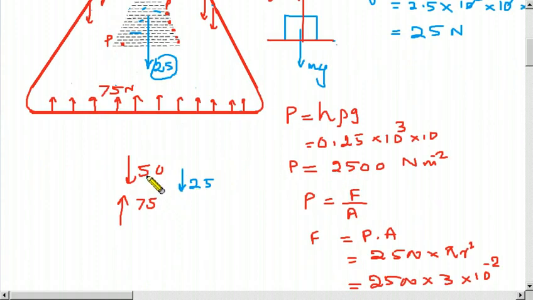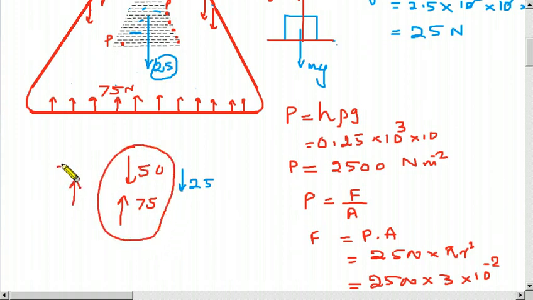Then from this 75, the resultant of these forces given by the glass is 25 only, 25 upwards. So that is the resultant given by the glass alone. So the water gives 25, that is the mg.